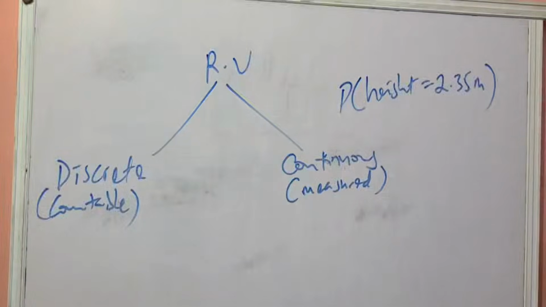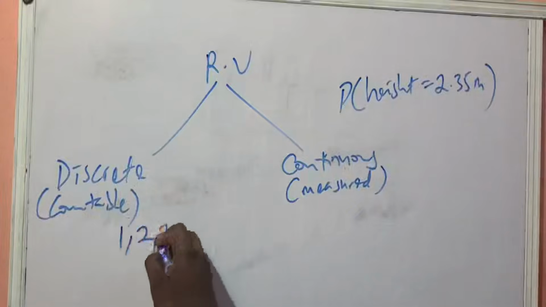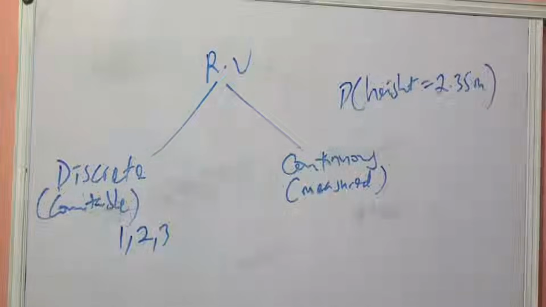Whatever data set is countable, once you can count it, we call it discrete data. But when we talk of continuous data, they are measured and can take any value within a range, including decimals.